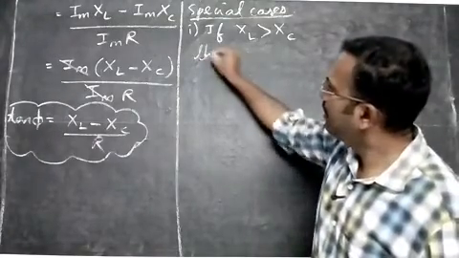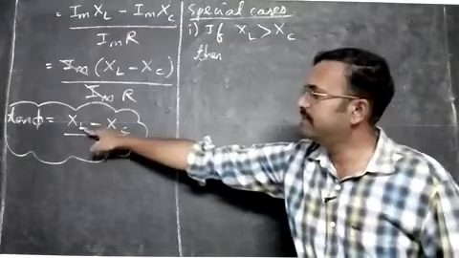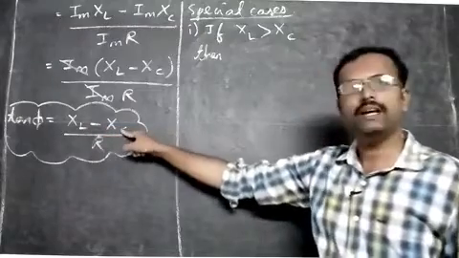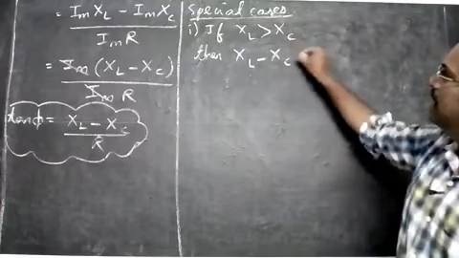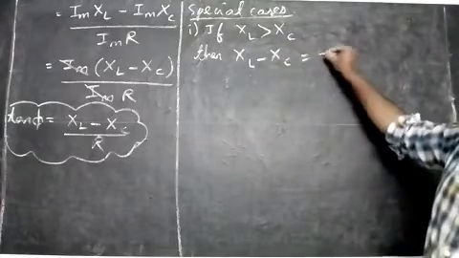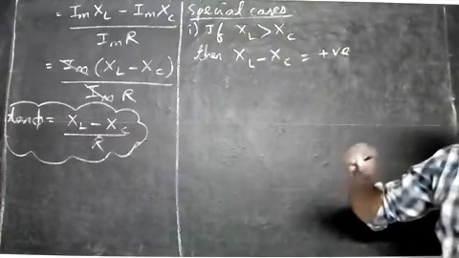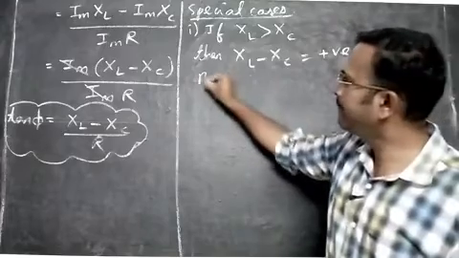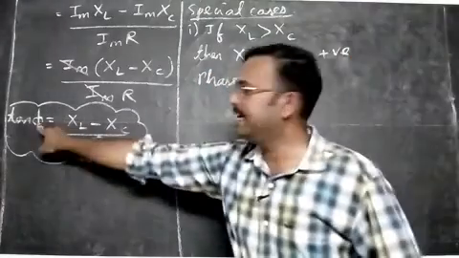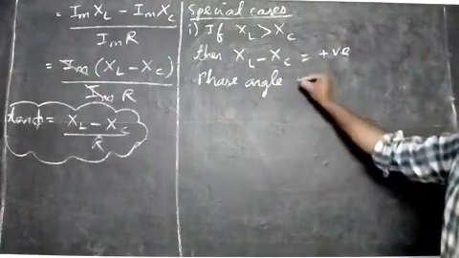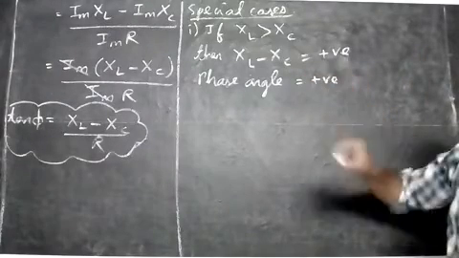If this is bigger, XL minus XC will be positive. It's a positive term. Then the phase angle phi will also be positive.